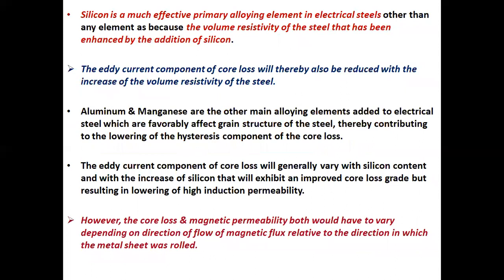Silicon is a much more effective primary alloying element in electrical steels than any other element, because the volume resistivity of the steel is enhanced by the addition of silicon.